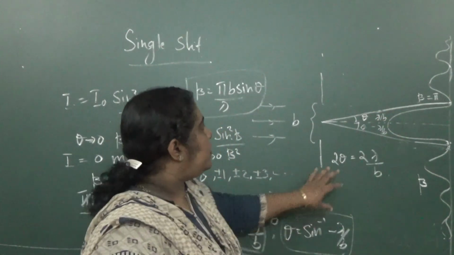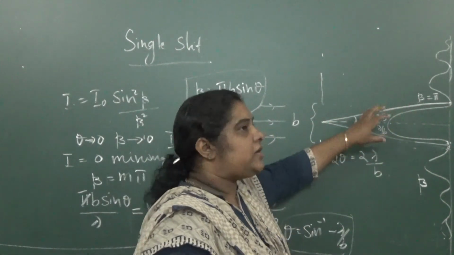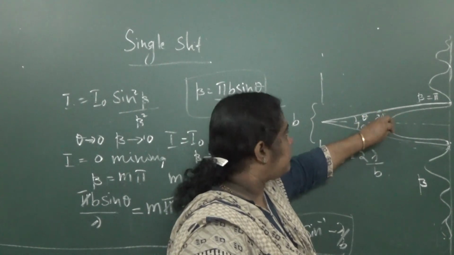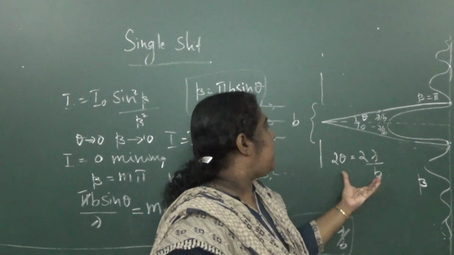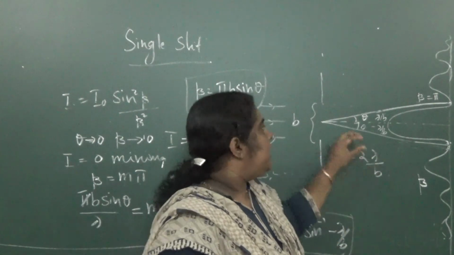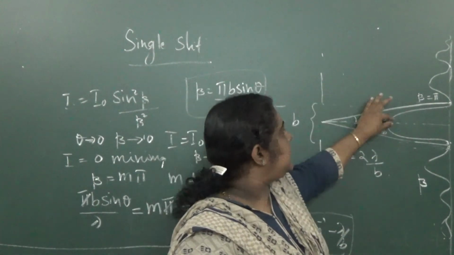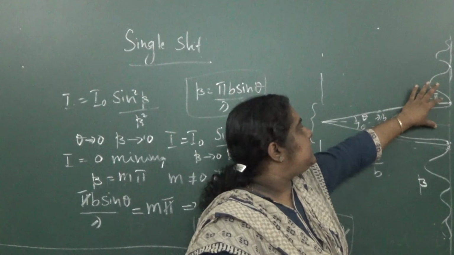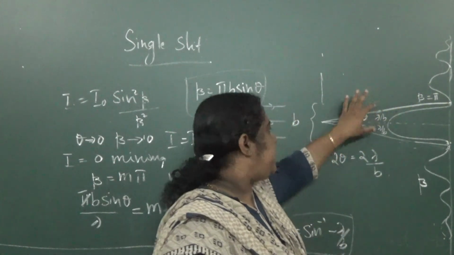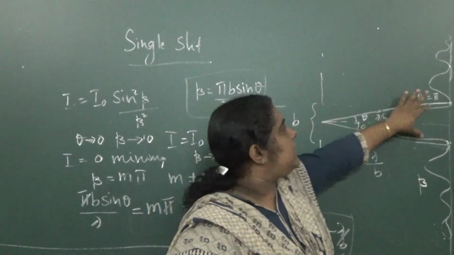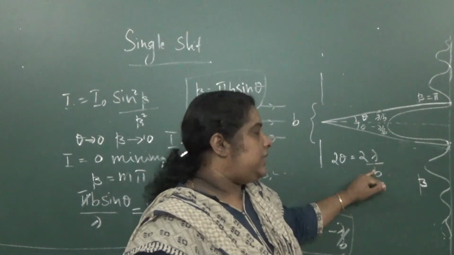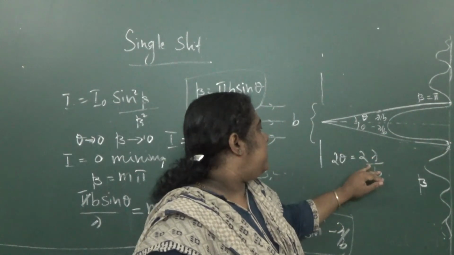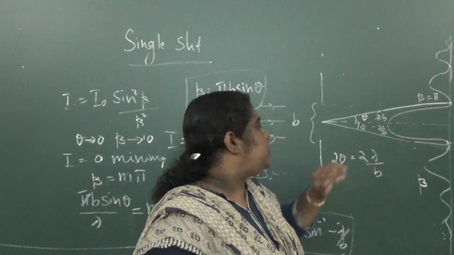So our central maxima is confined in this angle 2 lambda by b. The angle between the central maxima and the adjacent minima will be lambda by b, but the angular width of the central maxima is 2 lambda by b.